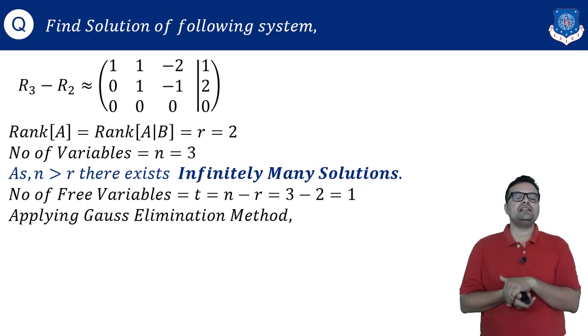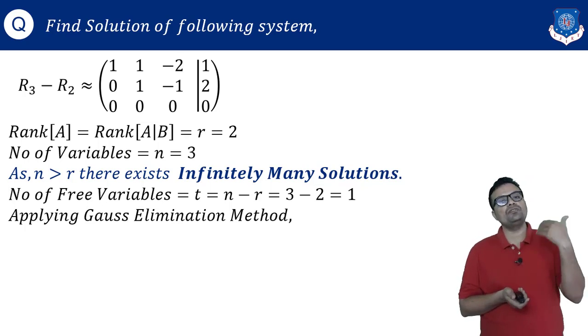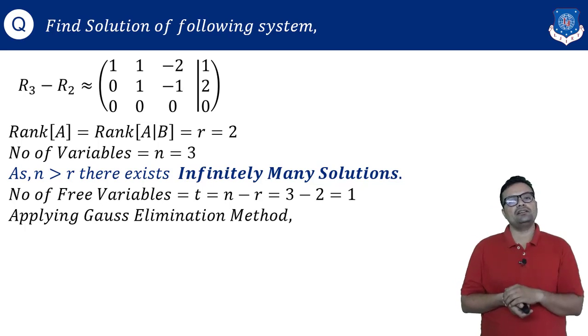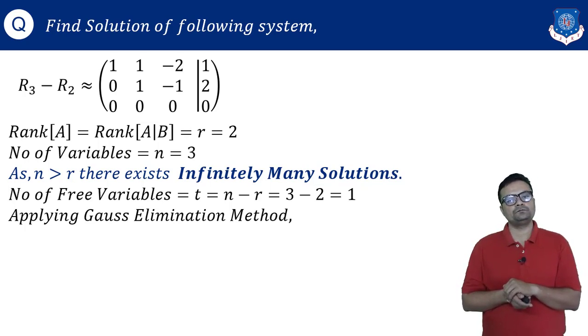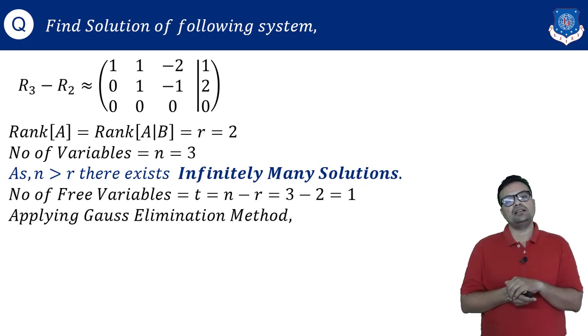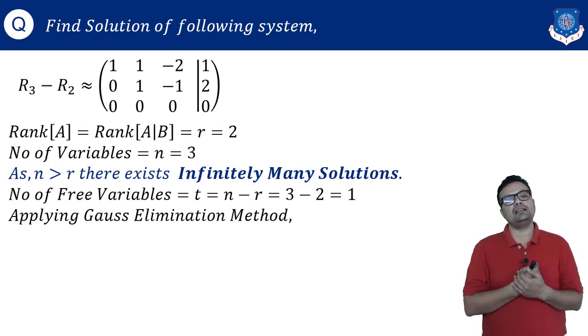Once we have infinitely many solutions, our next thing would be to find how many free variables are there. And for that we take t, which is n minus R. So this simply means that the number of free variables t is equal to 1. That means my 3 given planes are intersecting in a one-dimensional result, that is a line. Your planes are intersecting in a line.